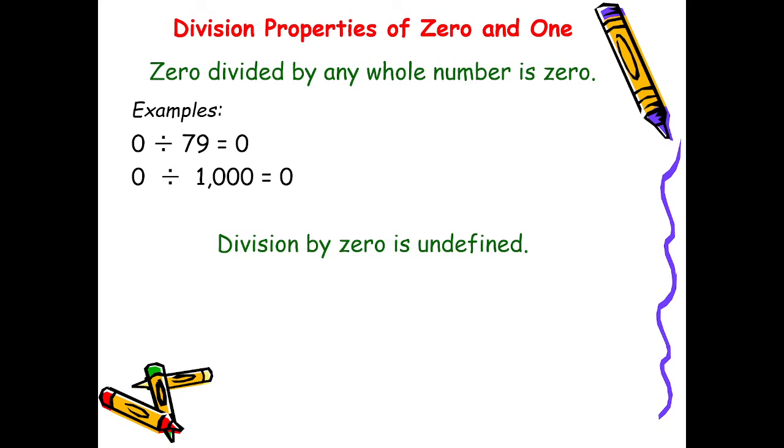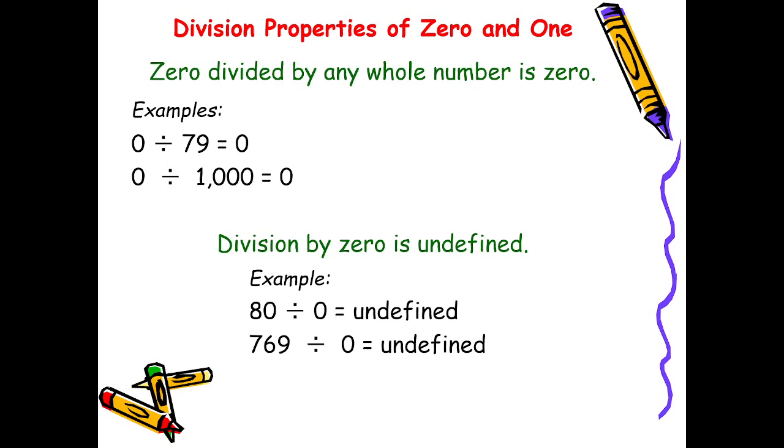Class, what is your answer when a number is divided by 0? It's undefined. Write the word undefined. You will not be writing 0 there, because 0 is the result only if 0 is divided by any whole number. The same as that, 769 divided by 0 is also undefined.